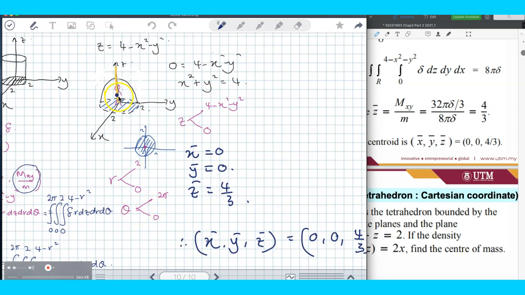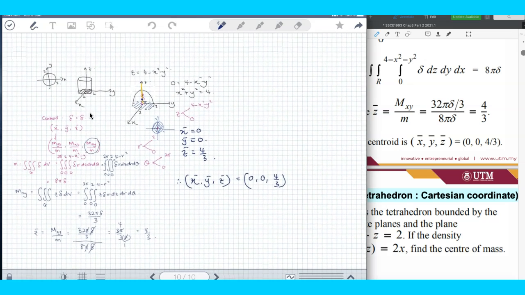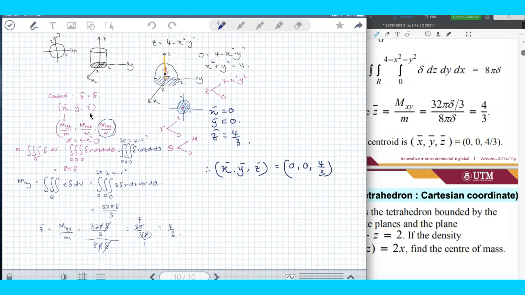It means that if you hang this particular solid with a rope here, the solid is stable at this point. But if you do not feel confident whether x bar, y bar is at 0 or not, you have to calculate, but then you need a longer time.